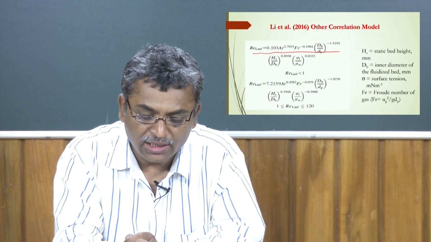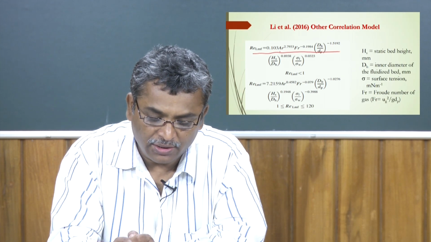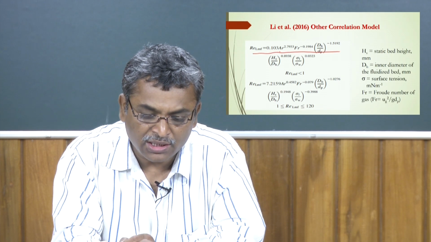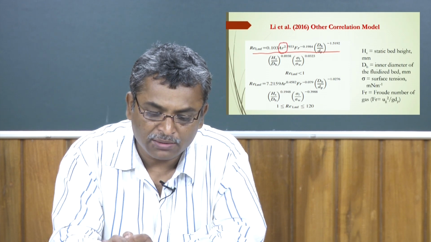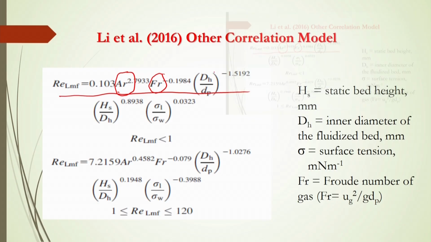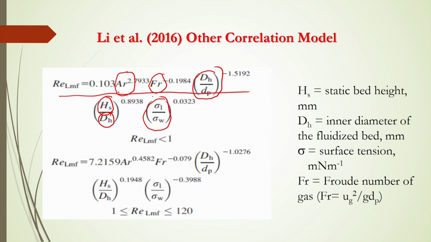They did the dimensional analysis and obtained these groups: Archimedes number, Froude number, the ratio of hydraulic diameter to particle diameter, the height of the fluidized bed, the diameter of the fluidized bed, and the ratio of surface tension of the liquid to the surface tension of water.